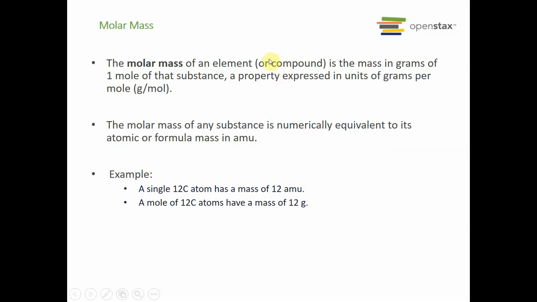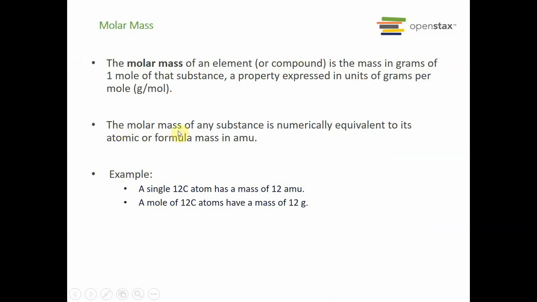The molar mass of an element or compound is the mass in grams of 1 mole of that substance. That is, this is the AMU, is the grams per mole, a property expressed in units of grams per mole.